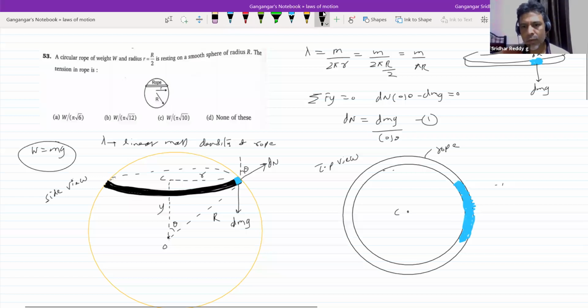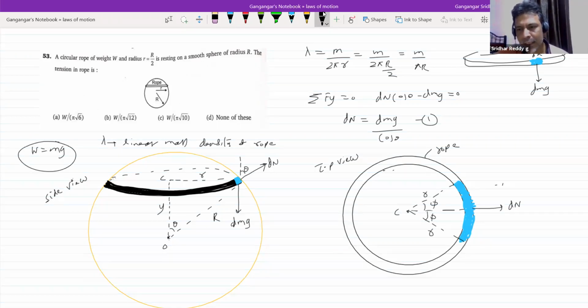Okay, let's go for the mathematics. Let this angle be phi. This is our small r, actually it is the radius, no? The radius of the smaller circle. Now we will balance this dN sin theta. Is it okay?